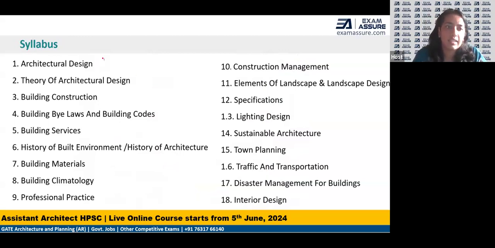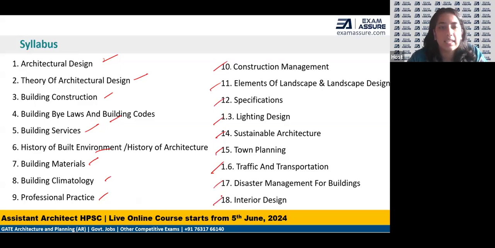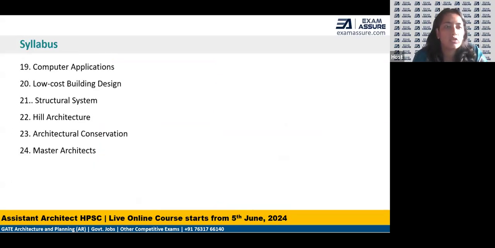So you have architectural design, theory of design, building construction, bylaws, services, history of architecture, building materials, climatology, professional practice, construction management, landscape, specification writing, lighting design, sustainable architecture, town planning, traffic and transport planning, disaster management, interior design, computer applications, low-cost building design, structural system, hill architecture, architectural conservation, and about master architect.